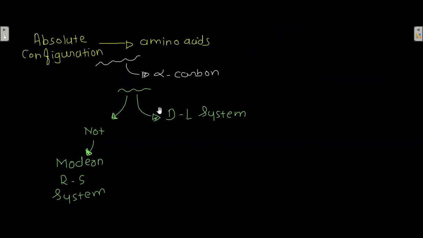Now the absolute configuration of amino acids having an alpha carbon is designated by the D and L system and not by the modern R and S system. The DL system is used to explain the absolute configuration of amino acids having an alpha carbon.